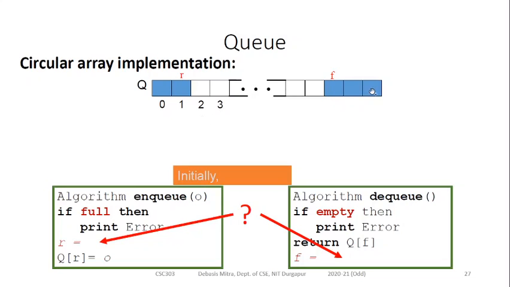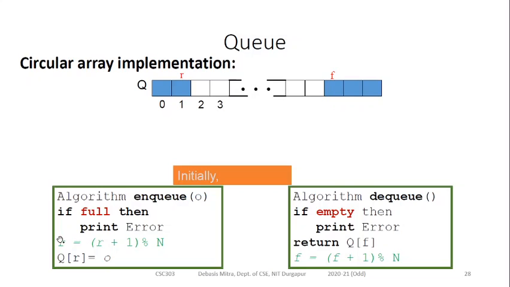But here, once I have my last element at n minus 1 and I have one more element to NQ, and I have some portion of the array which is vacant, from the queue's perspective there is space at index 0 or 1 or 2, then my rear should now point to 0 after n minus 1. And that can only be done using a modulus operation. So this is obvious.